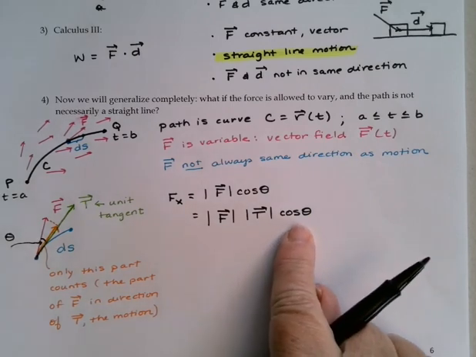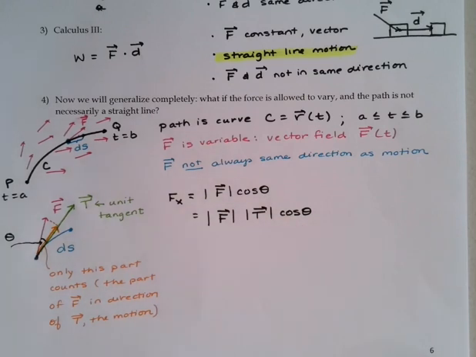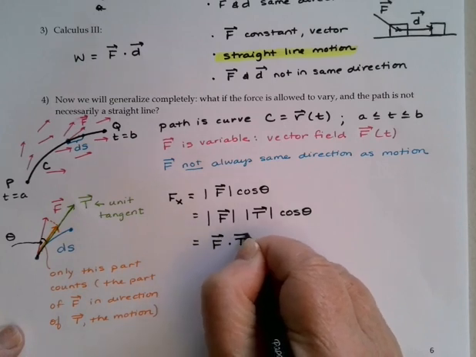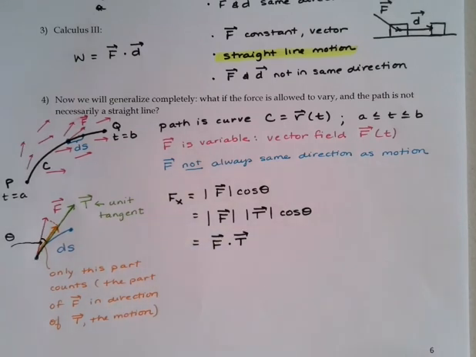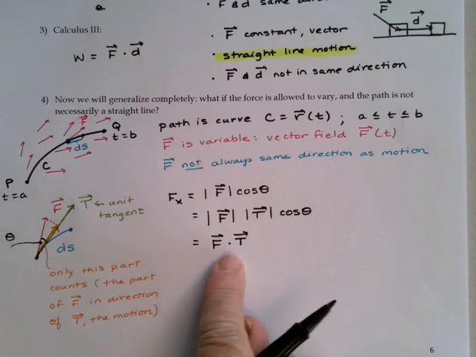But what it does do is hopefully make this something that you recognize. That's just the dot product, isn't it? The dot product of F and T. So the force that I want for this little tiny piece is F dot T.